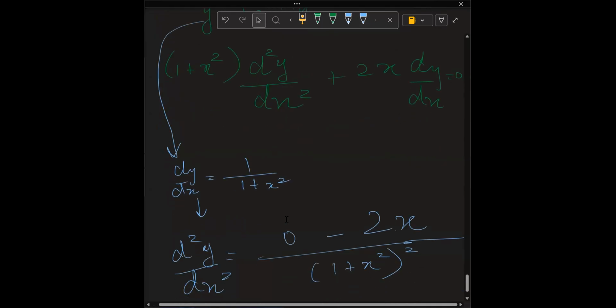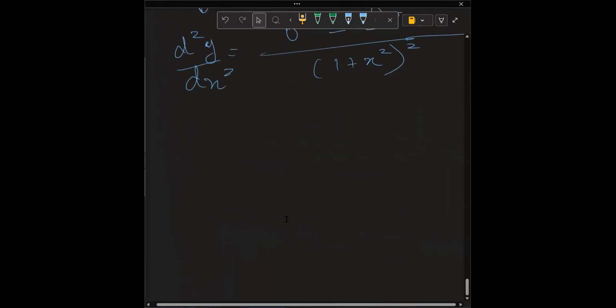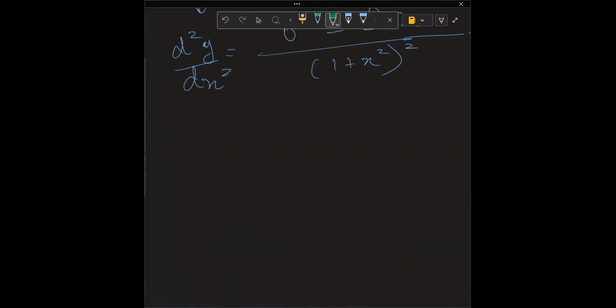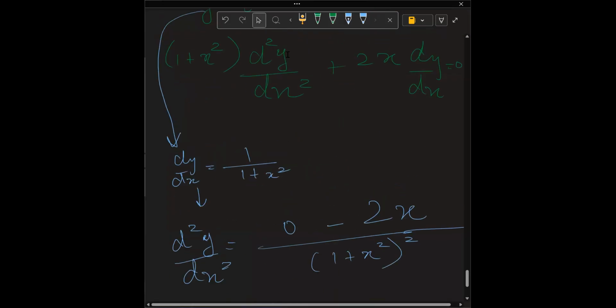Just substitute in the equation: 1 plus x square d2y upon dx2, substituting all the required things, that is minus of 2x upon 1 plus x square whole square, and this is your 1 plus x square d2y upon dx2 and plus 2x dy by dx.